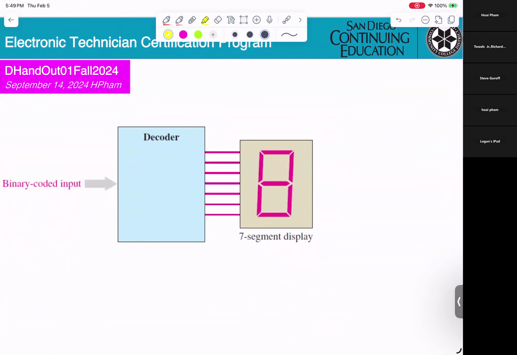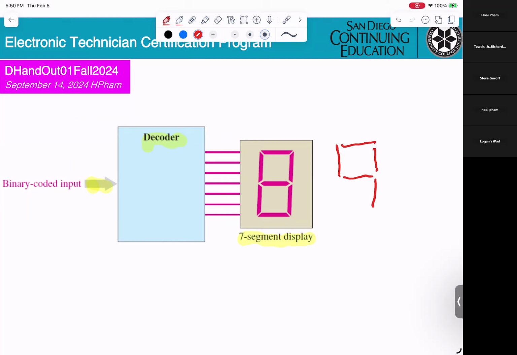Next one, decoder. Binary code input. That means from the other device go into this device. This IC here, they will be converted into the 7 segment. Like if you typing number 9, then they will be displayed on that one here. Number 9.